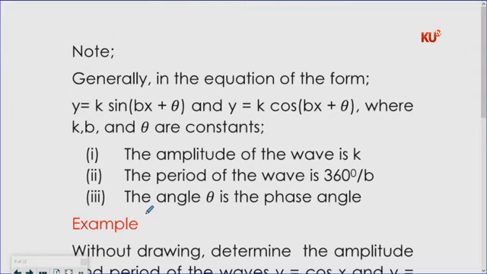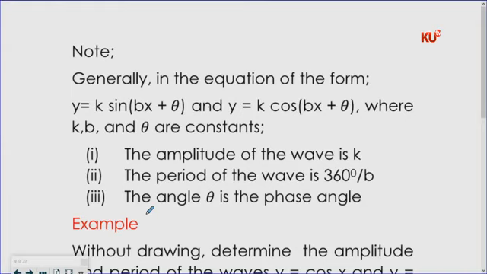It's very important to note, sometimes you can be asked to get the amplitude and the period and also the phase angle without drawing. So you don't have the graph, you've just been given a function and you are asked to find the amplitude, the period, and the phase.